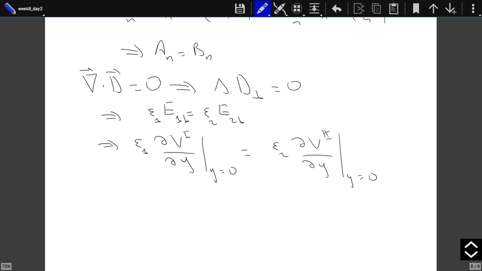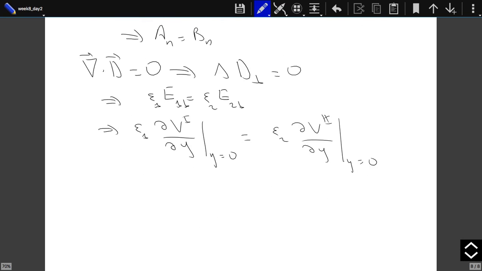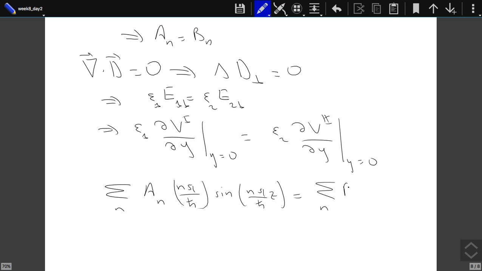Well, now we will have this funny result that if you just take the derivatives, the sum over n of a_n n pi over h times sine(n pi z over h) is equal to the sum over n of b_n times minus n pi over h, not h bar, h, times cosine(n pi z over h), no sine.